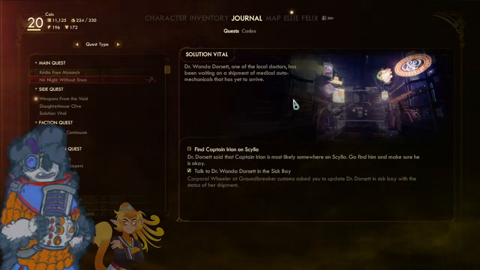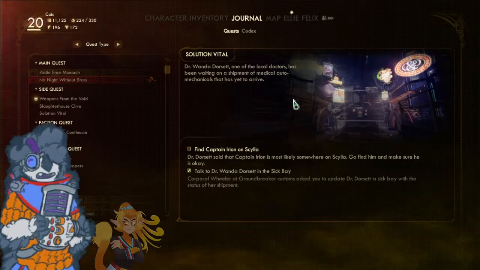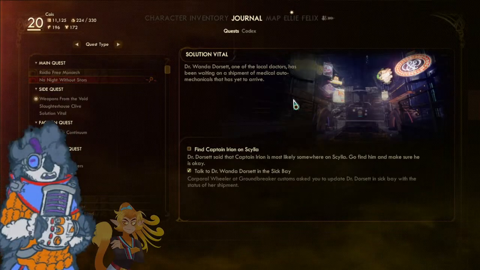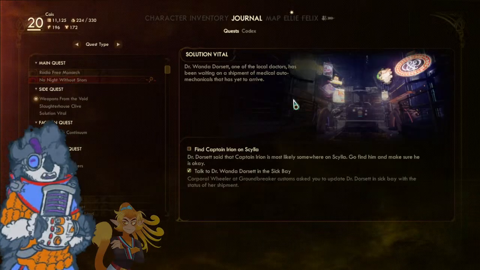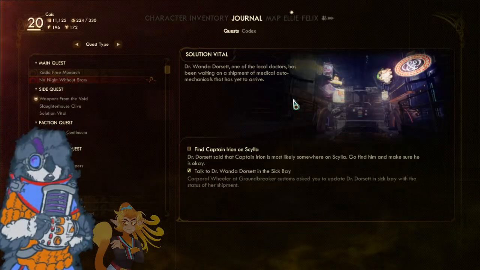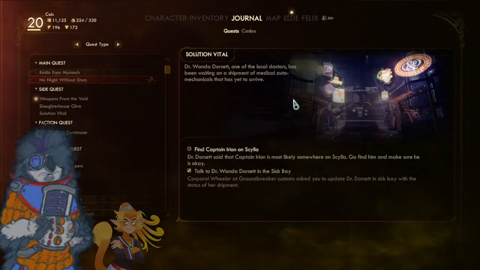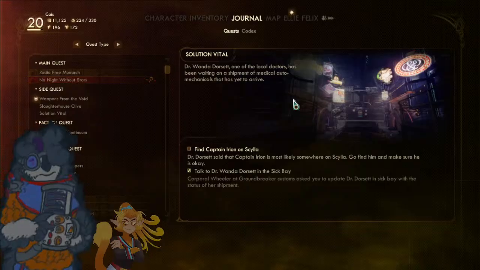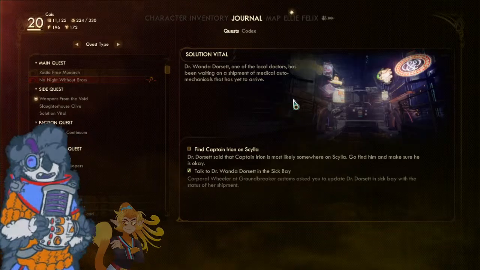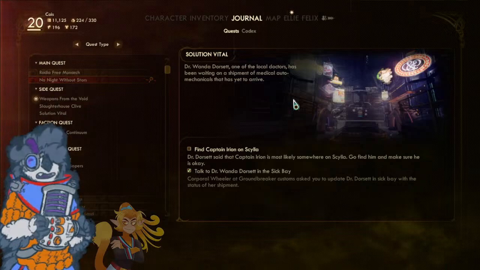You're trying to find the chemicals you need to save your other colonists and find out why the colony seems to be dying. People are dying of a strange plague, and a lot of people are noticing it's from lack of nutrients. It's scurvy. Why are people dying from lack of nutrients in a colony that's supposed to have food?